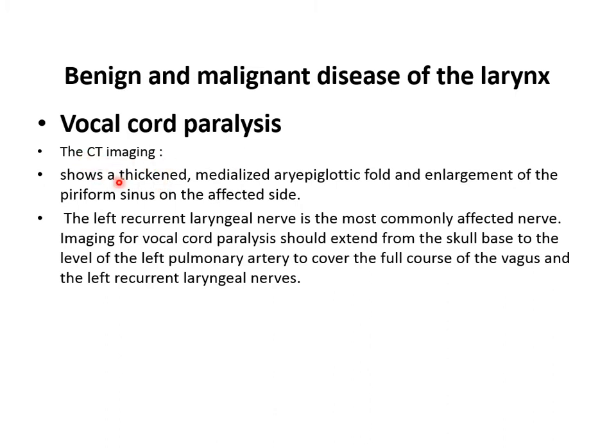CT imaging shows a thickened, medialized aryepiglottic fold and enlargement of the piriform sinus on the affected side. The left recurrent laryngeal nerve is the most commonly affected nerve. Imaging of vocal cord paralysis should extend from the skull base to the level of the left pulmonary artery to cover the full course of the vagus and left recurrent laryngeal nerve.